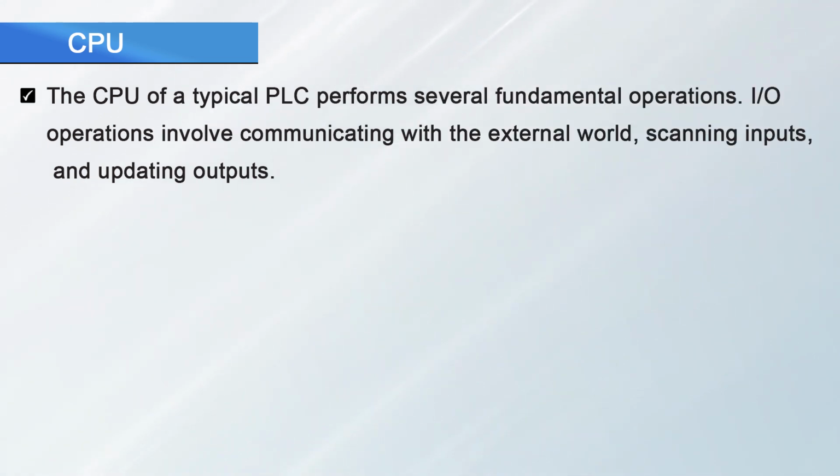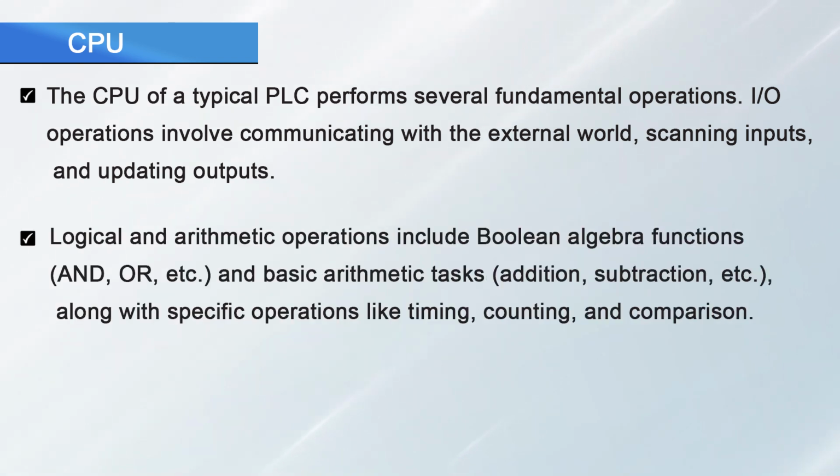The Central Processing Unit of a typical PLC performs several fundamental operations. Input-output operations involve communicating with the external world, scanning the inputs and updating the outputs. The logical and arithmetic operations include Boolean algebra functions like AND operation and OR operation, and basic arithmetic tasks like addition, subtraction and multiplication, along with specific operations like timing, counting and comparison.